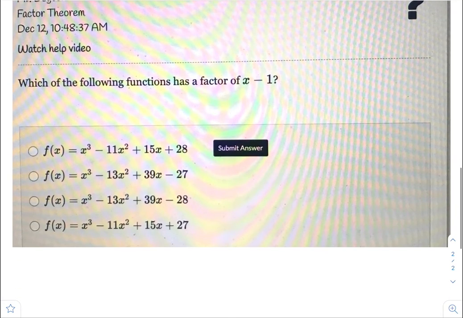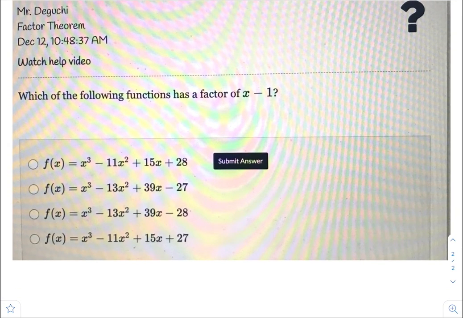Which of the following functions has a factor of x minus 1? So one of these functions has a factor of x minus 1. And we know if it does have a factor of x minus 1, that means one of our zeros would be 1. So which one of these is going to give us a 0 once we substitute in 1?